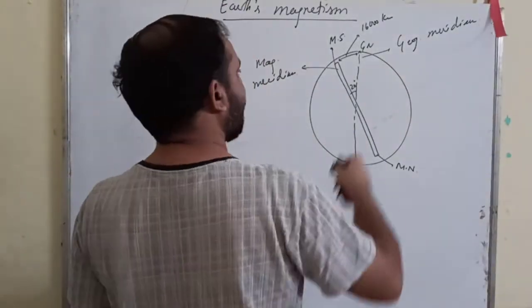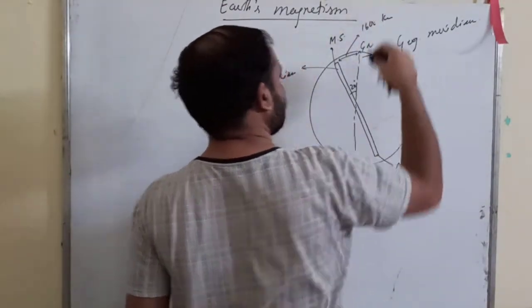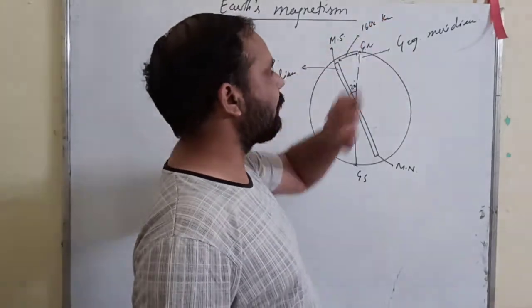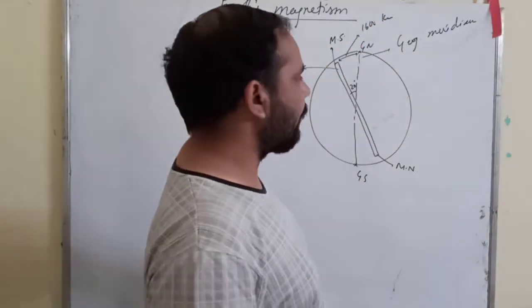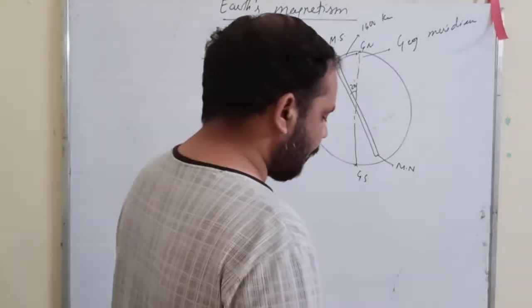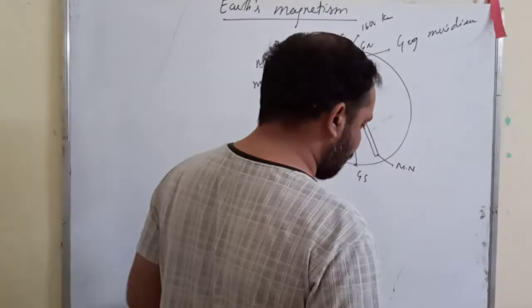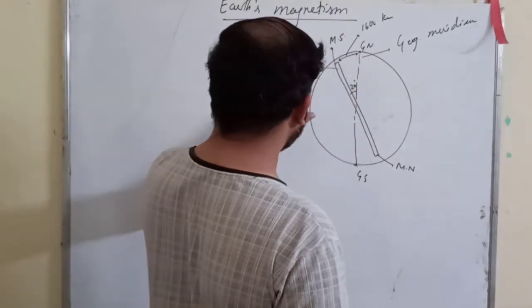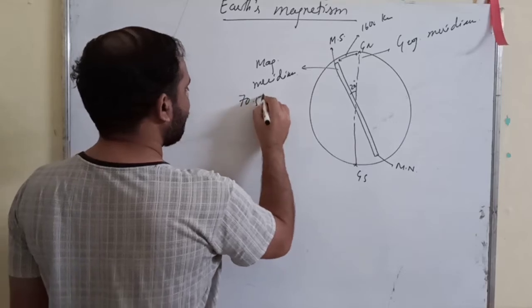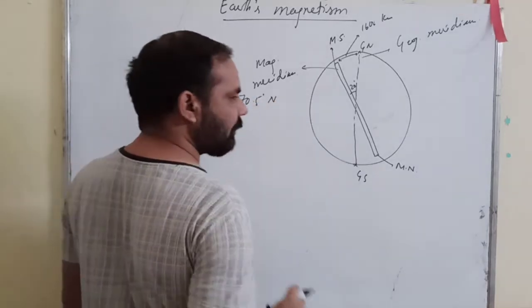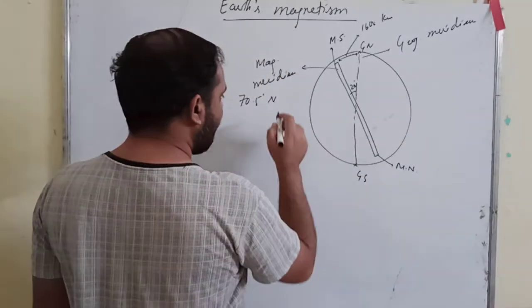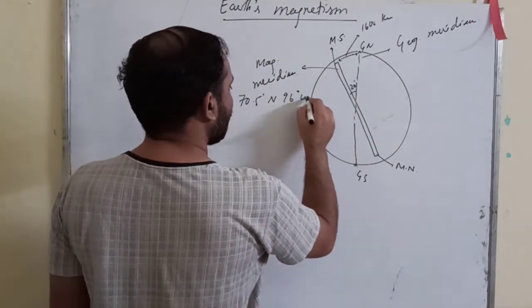Now the position of this magnetic south is 70.5 degrees north and 96 degrees west.